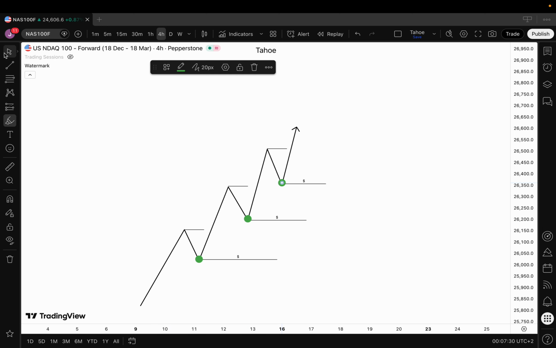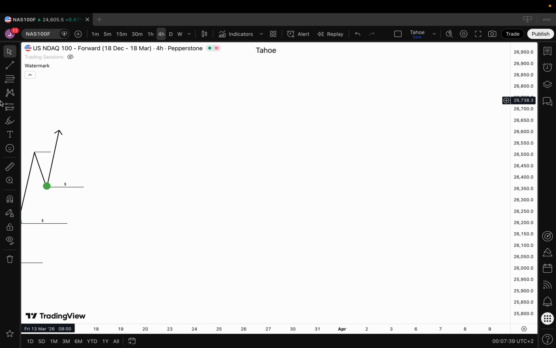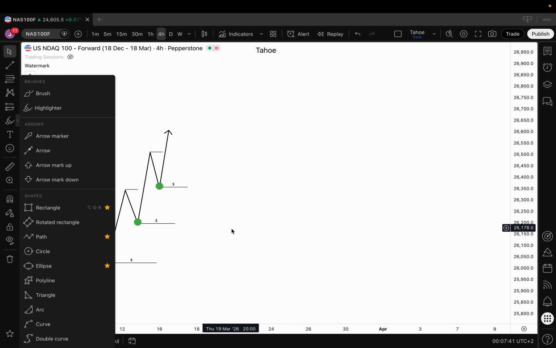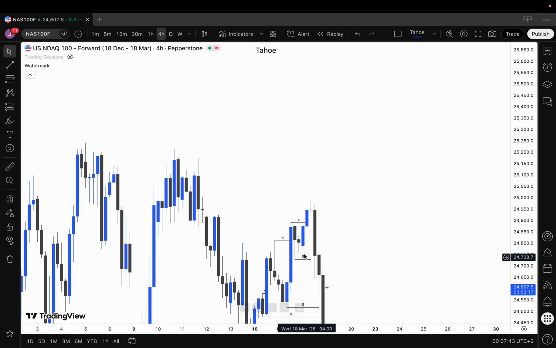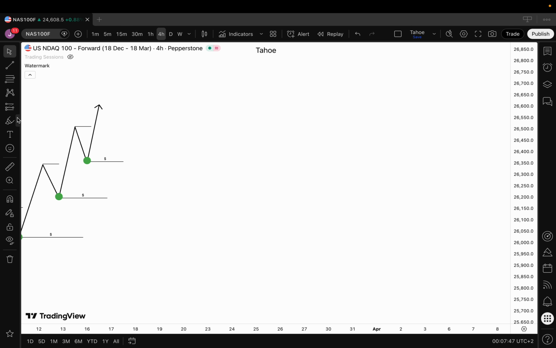As you can see, this low is higher than this one, this low is higher than this one. Very important. Vice versa for a downtrend. Today's video is going to be based off of an uptrend, so I'll just give you this basic format on a downtrend. I'll try to find it on the real chart.